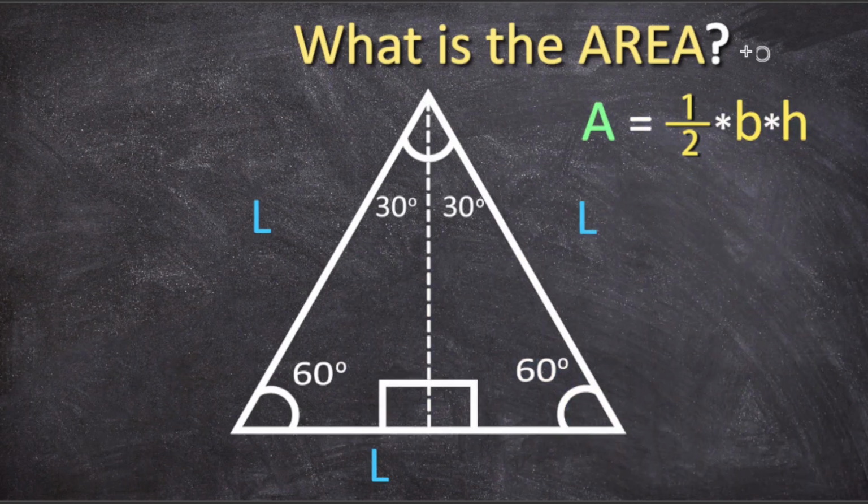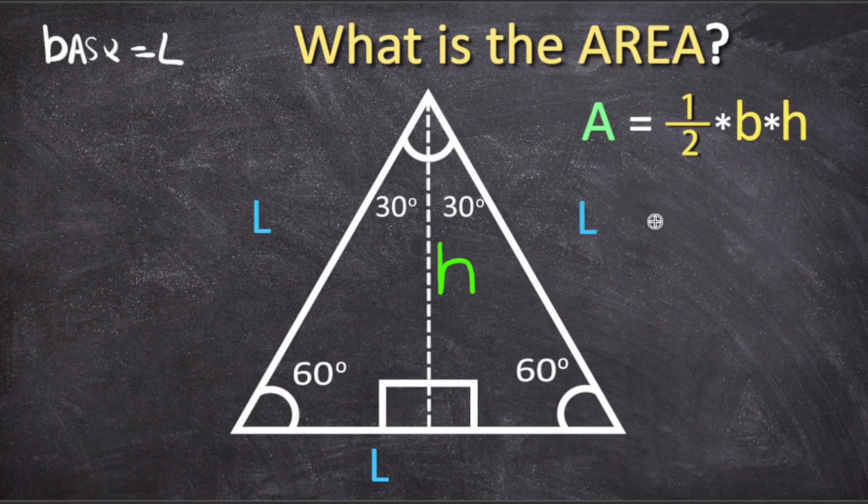So looking back at the basic equation for the area of a triangle, we notice that we need the base. The base is just the length of any of the sides of the equilateral triangle. So let's write that here. And then we need the height. Well, the height is the dotted line which goes from the top of the triangle to the base.